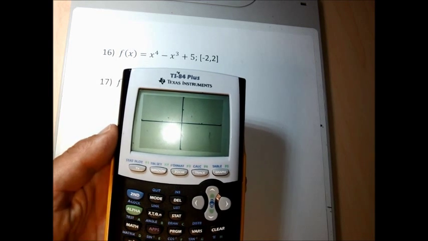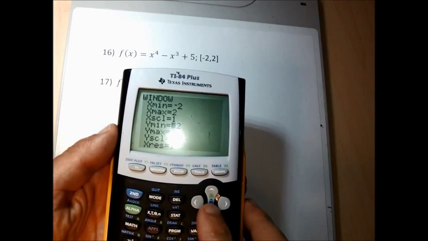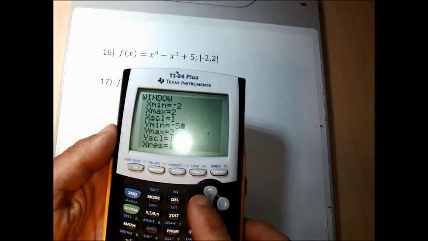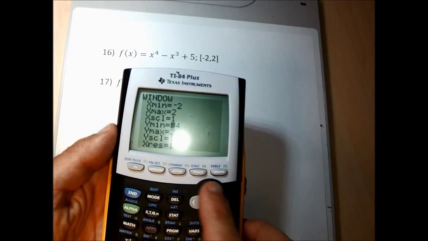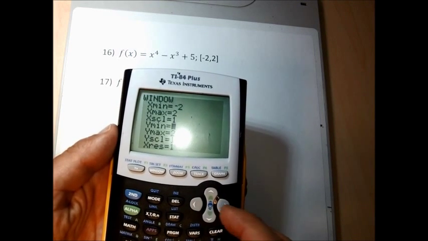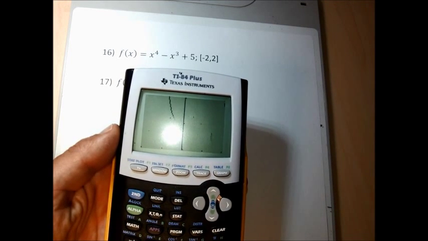Or I won't. I think maybe the y's are supposed to be between negative 5 and, hold it, between 4 and, I forget. I did this problem earlier. I think that might be the window that helps me see what's going on a little bit.